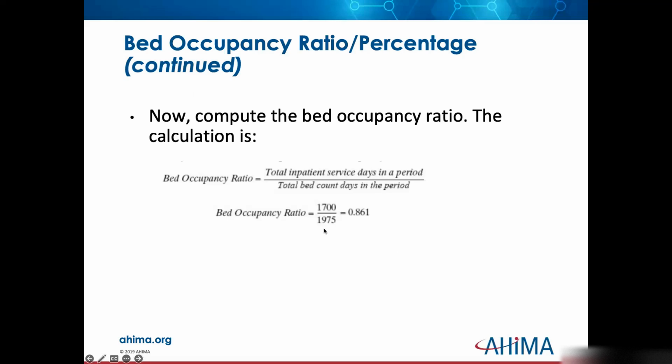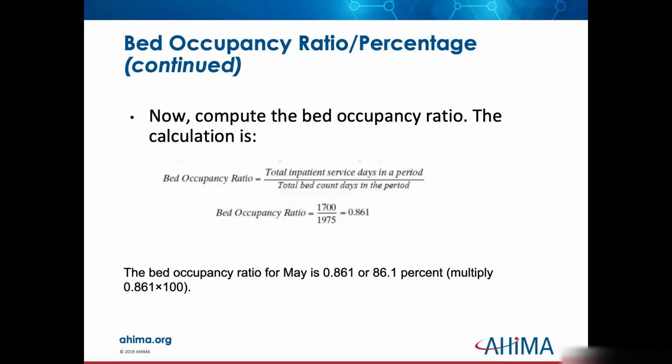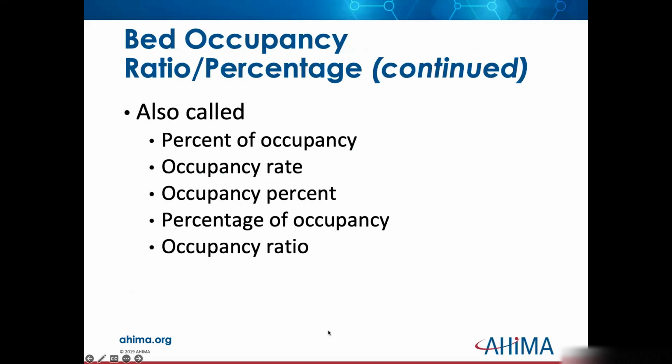If you remember that the total inpatient service days was 1,700, which means we have 0.861. The bed occupancy rate or ratio for May is 0.861 or 86.1%. Multiply by 100. Okay, so that's how you get that answer.